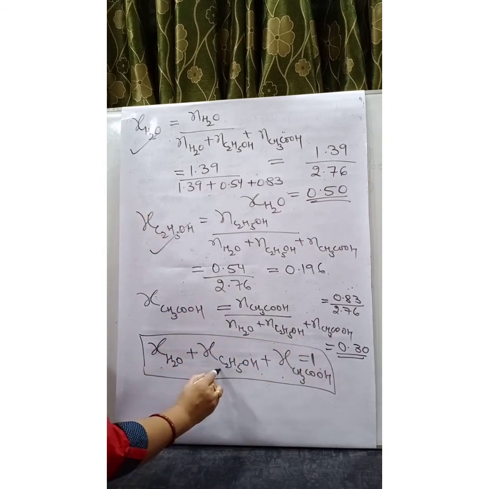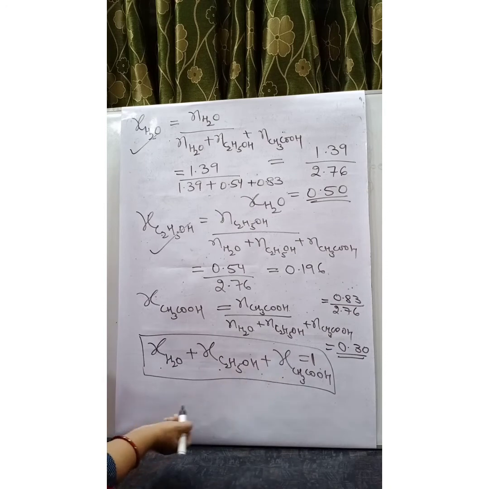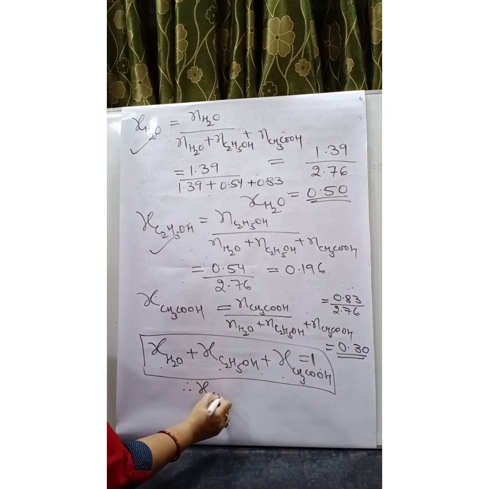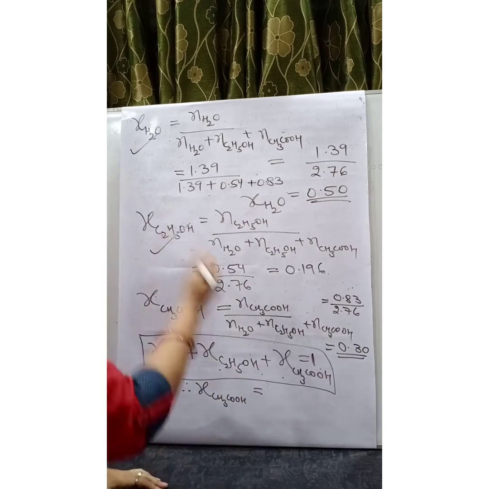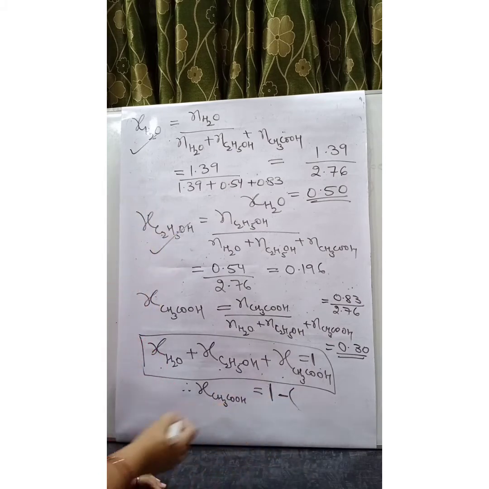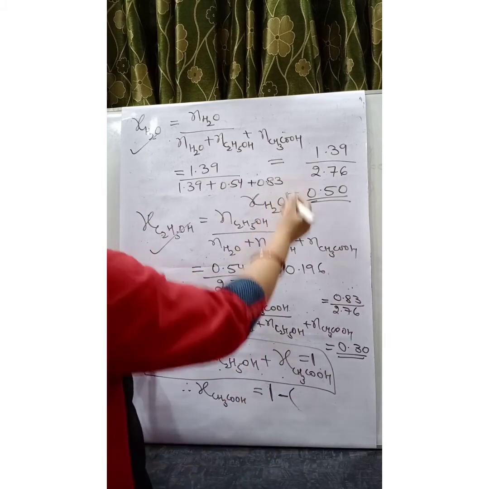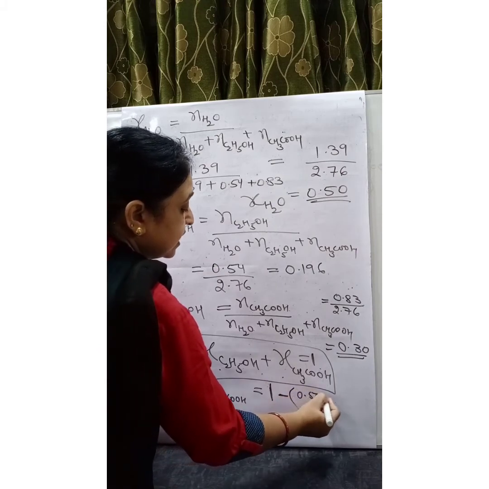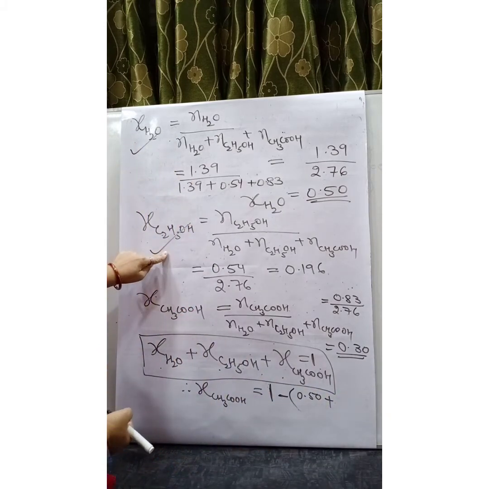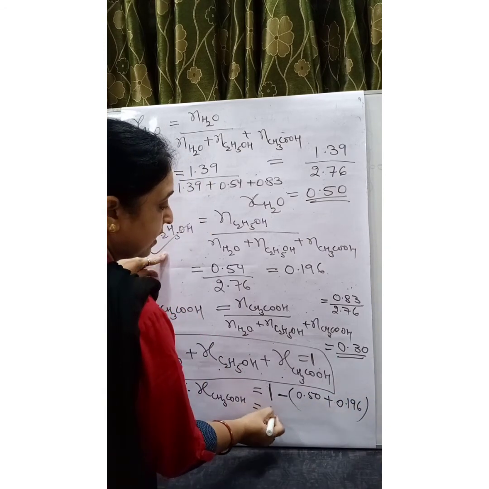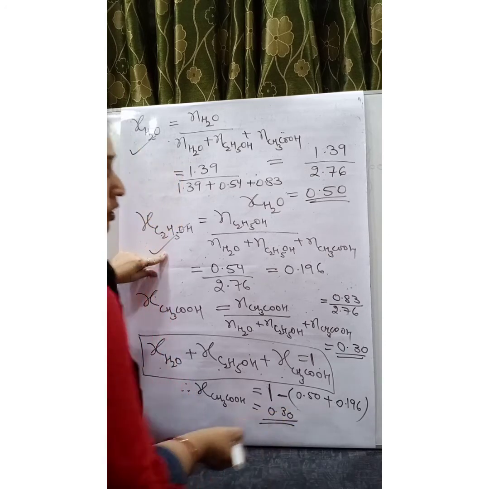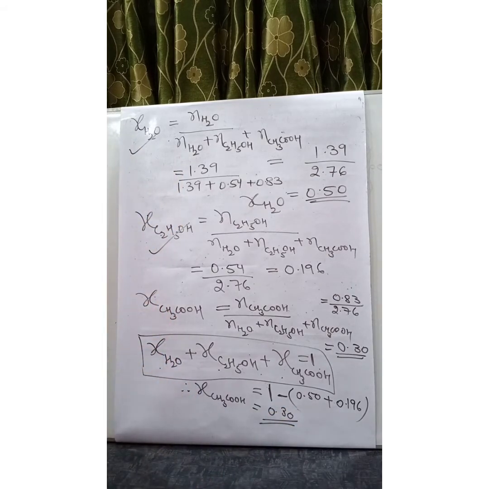Therefore, mole fraction of acetic acid is equal to 1 minus, what is the mole fraction of water? 0.50 plus, what is the mole fraction of ethanol? 0.196, and you will get the answer. So any method you can choose for calculating this. I hope this mole fraction numerical is clear to everybody.